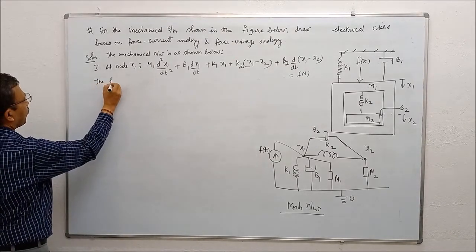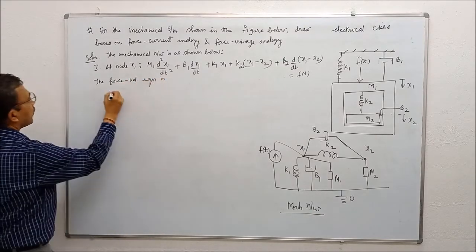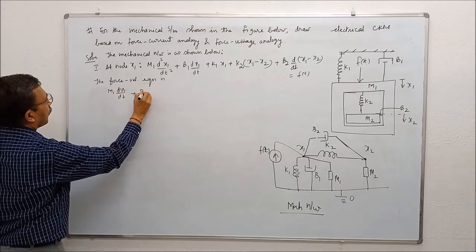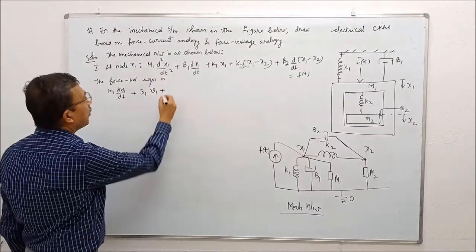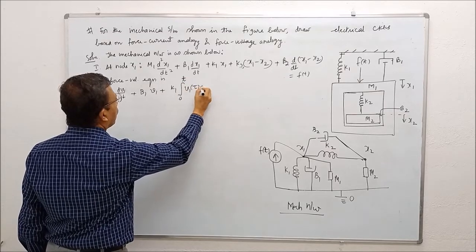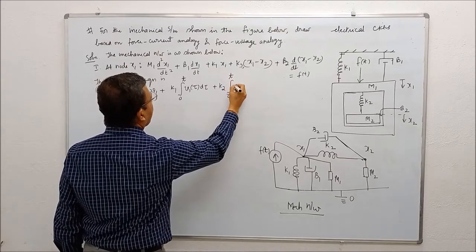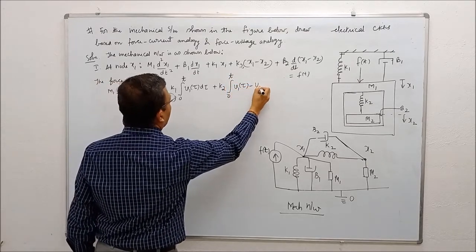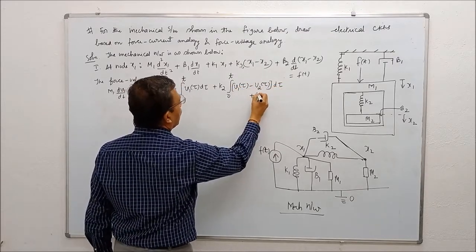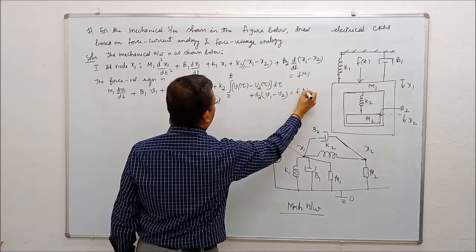The force velocity equation is M1 into dv1 by dt plus B1 into v1 plus K1 integral 0 to t v1 of tau d tau plus K2 integral 0 to t v1 of tau minus v2 of tau d tau plus B2 into v1 minus v2 is equal to f of t.